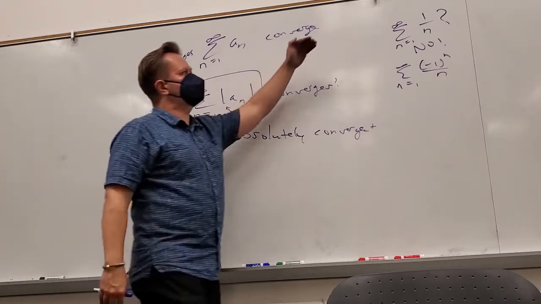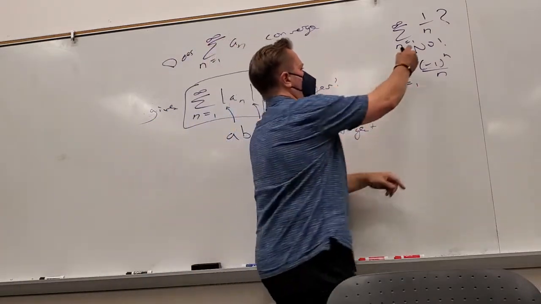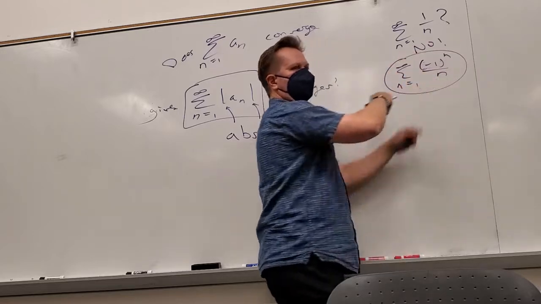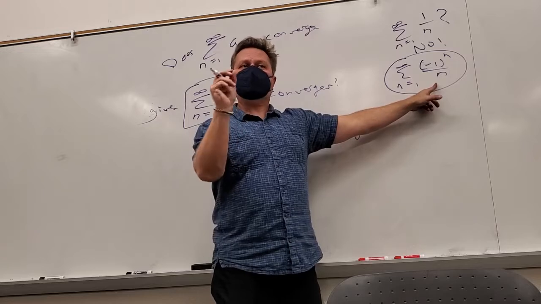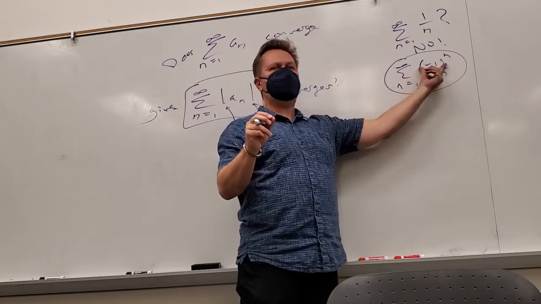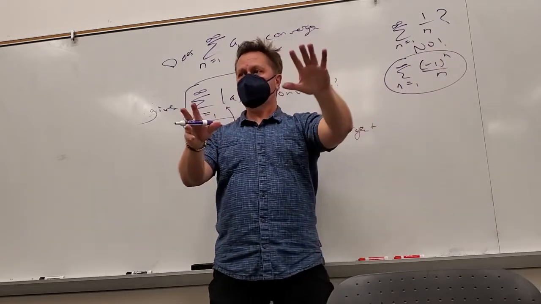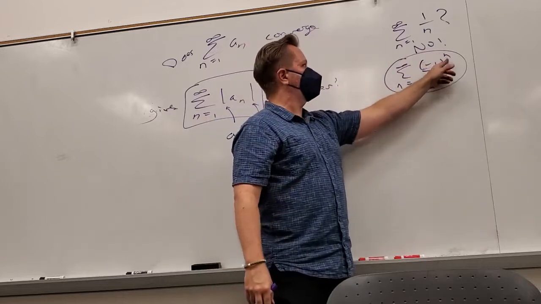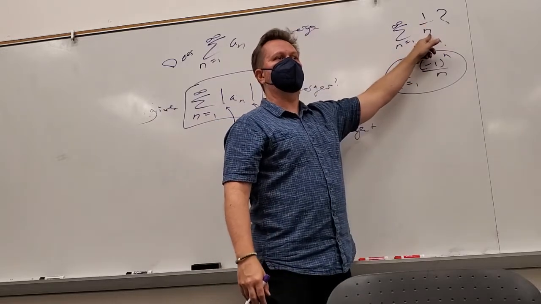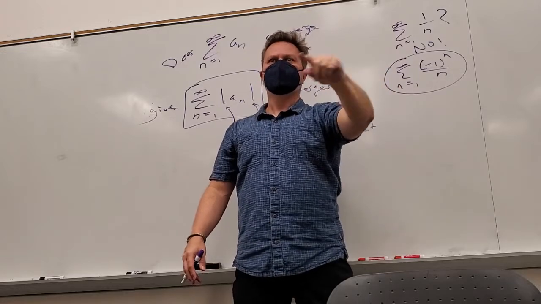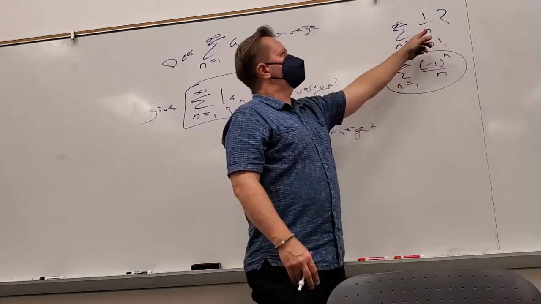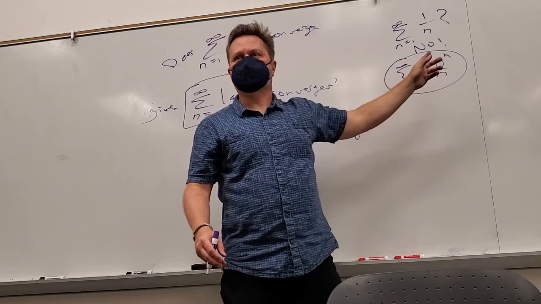So what about this? Is this absolutely convergent, this here? No. Conditionally convergent. It's only convergent if you don't take that -1 away, right? If I take that -1 away, is it convergent now? No. So there is a condition for it to be convergent: just don't take the absolute value of it.